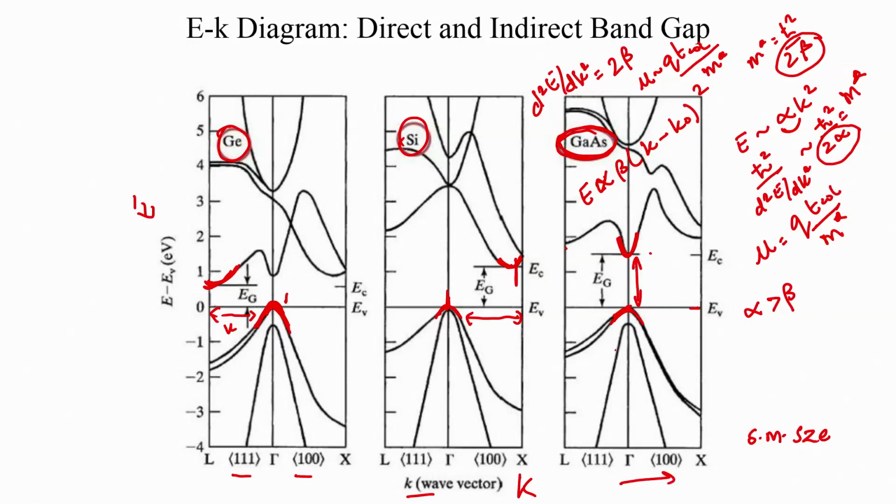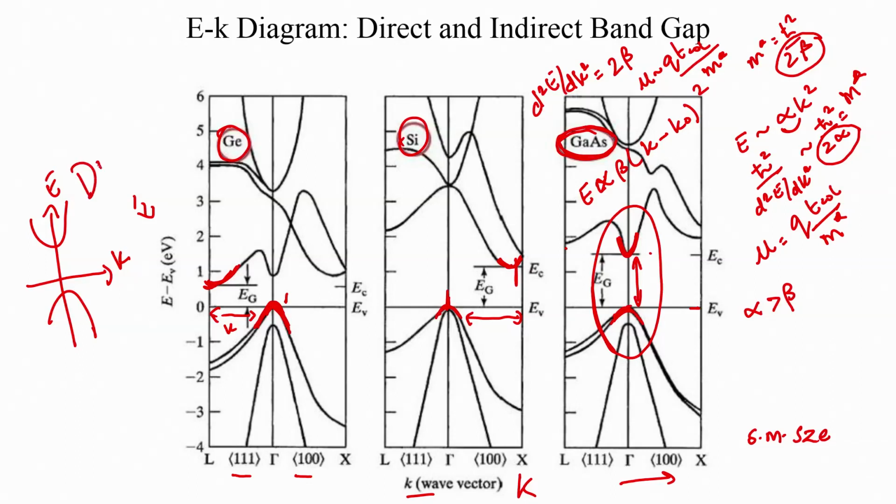So, these materials where the minima of the conduction band and the maxima of the valence band are located at the same value of K are said to have a direct band gap, and these are called direct band gap semiconductors.